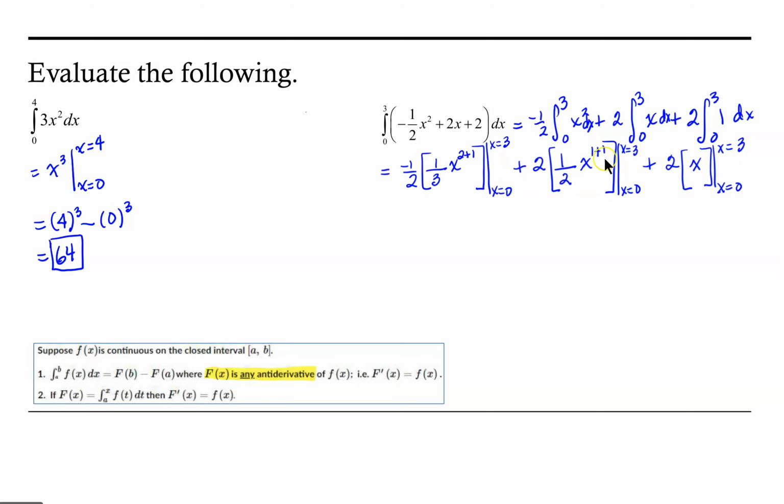Now notice that for each of these terms, I'm evaluating between the same limits of integration.